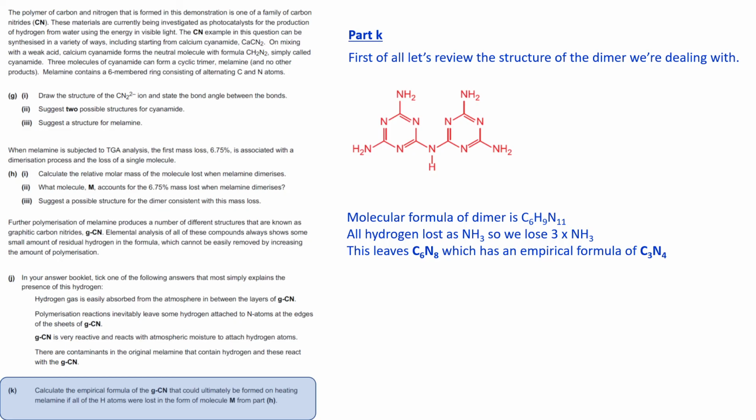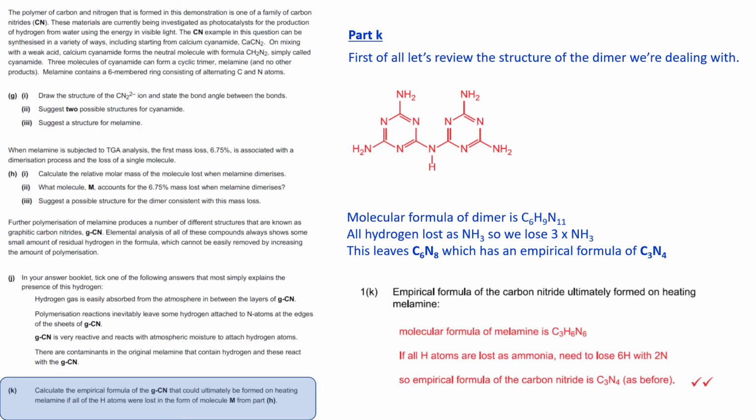That means we need to lose 3 ammonias, which means we take 3 nitrogens away from 11, which gives us C6N8 remaining. The empirical formula for that would be C3N4. They did it just using the melamine itself, so mathematically they just did half of what we did, but it still ends up as C3N4.